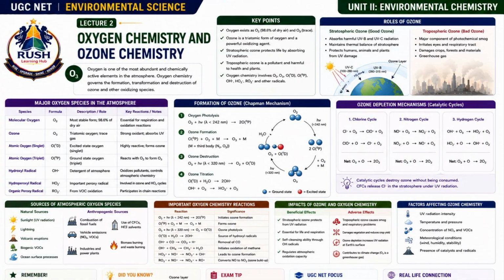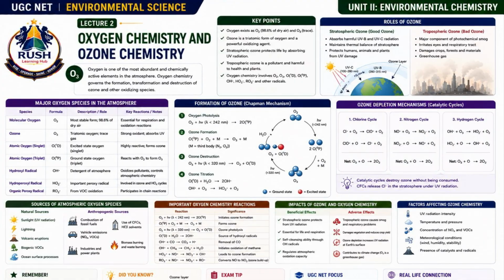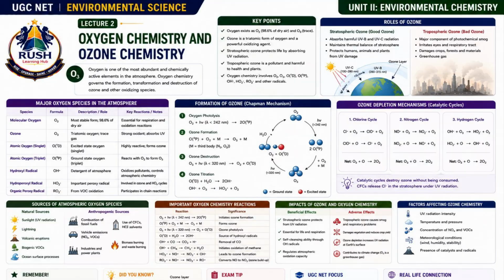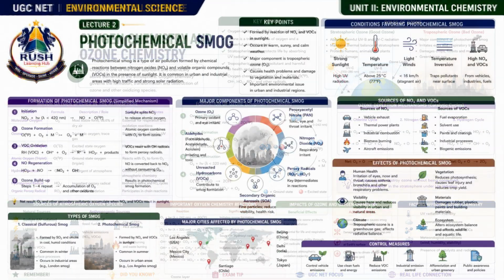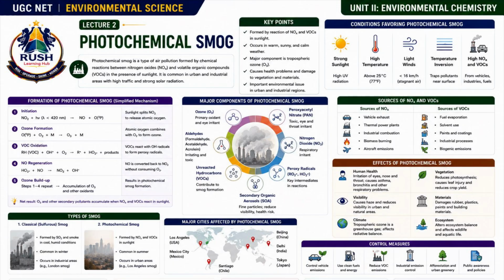Ozone depletion increases the amount of ultraviolet radiation reaching Earth's surface. Photochemical smog is a type of air pollution that forms when sunlight reacts with nitrogen oxides, commonly known as NOx, and volatile organic compounds, known as VOCs.